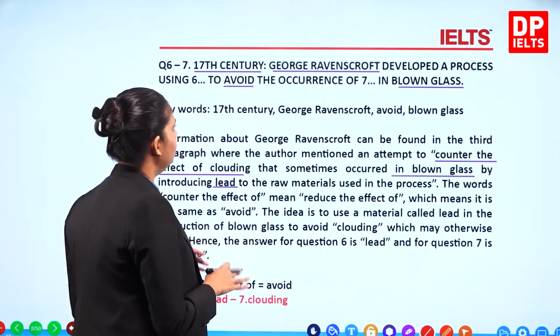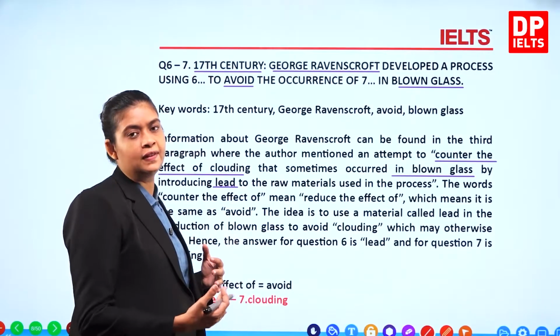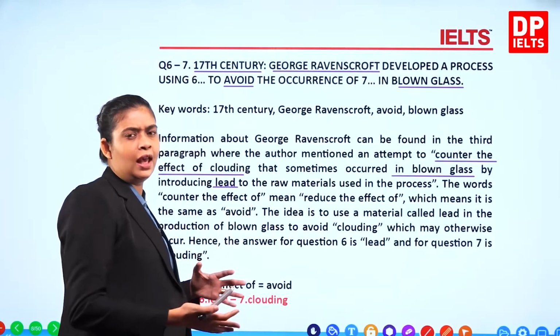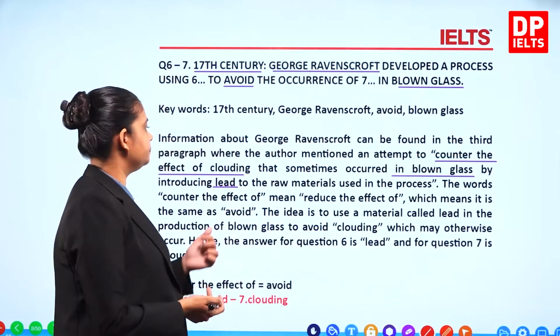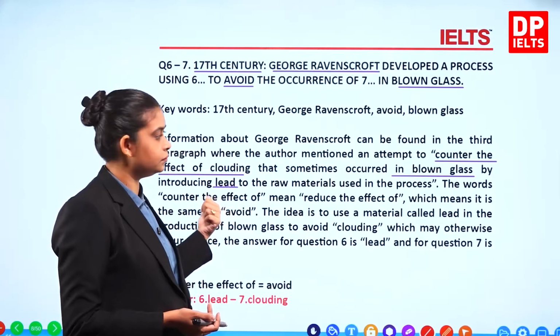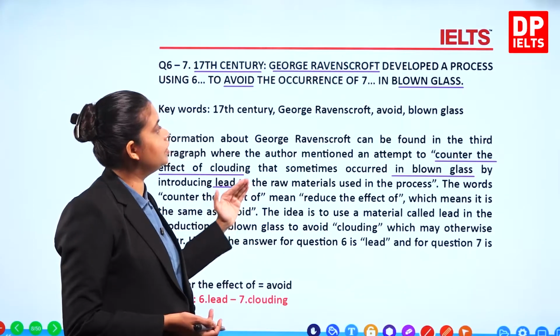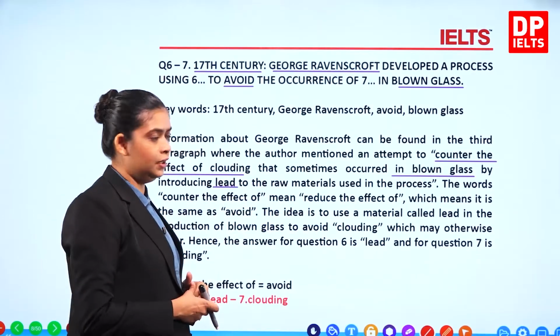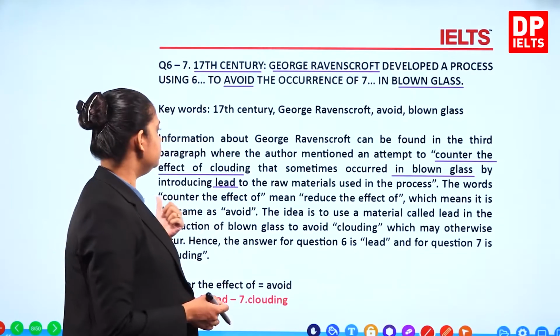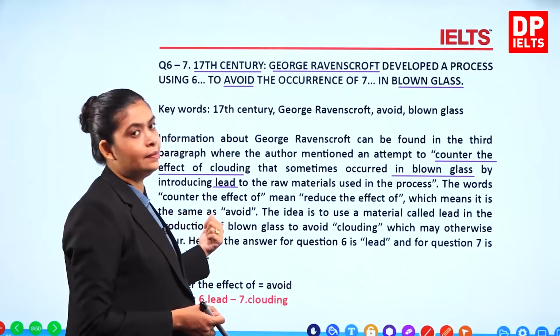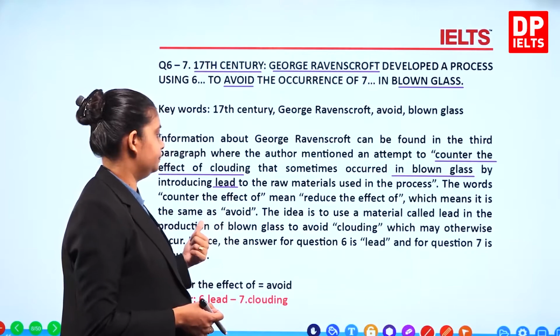By introducing lead to the raw materials used in the process. So what happened when lead was used in this specific process? An effect of clouding occurred, okay? The words counter the effect means reduce the effect of, which means it is the same as to avoid.